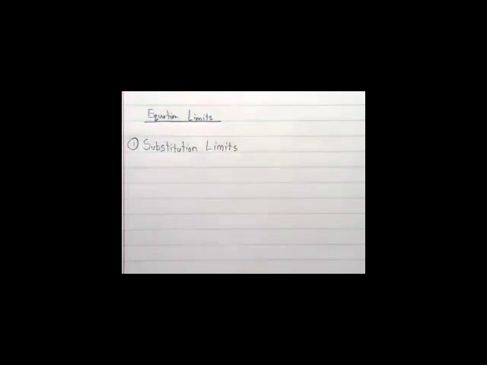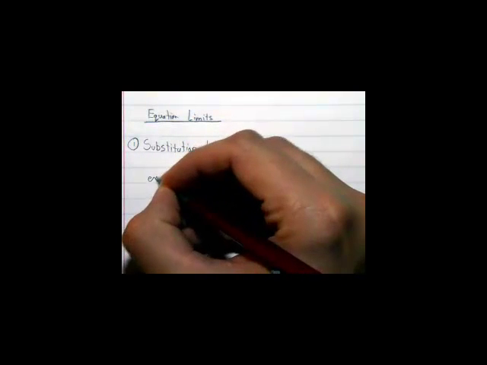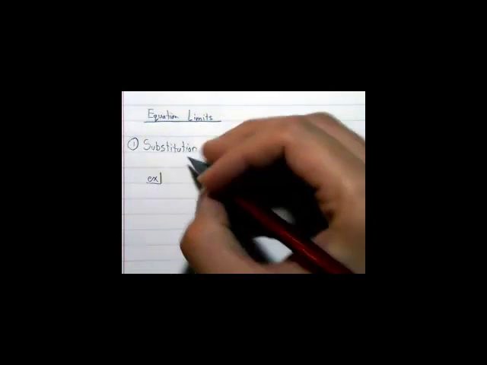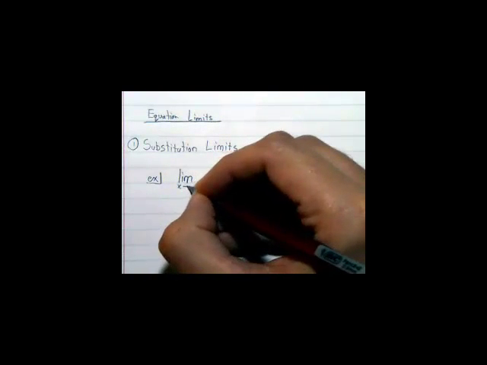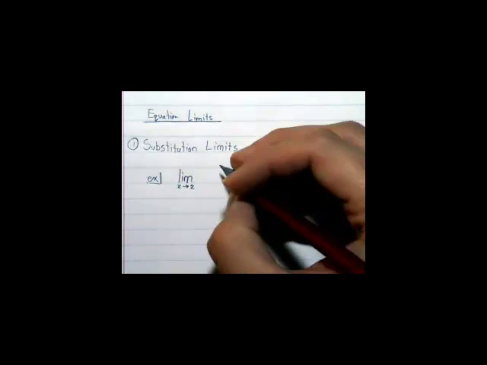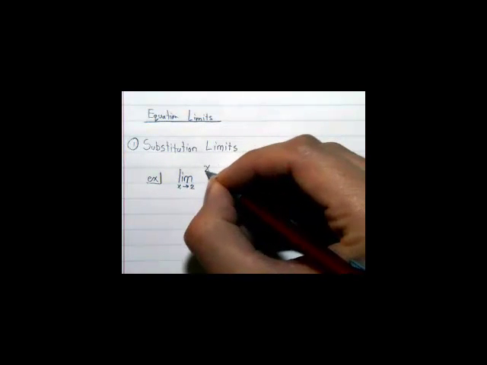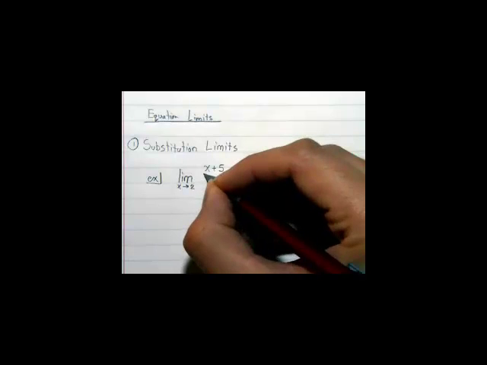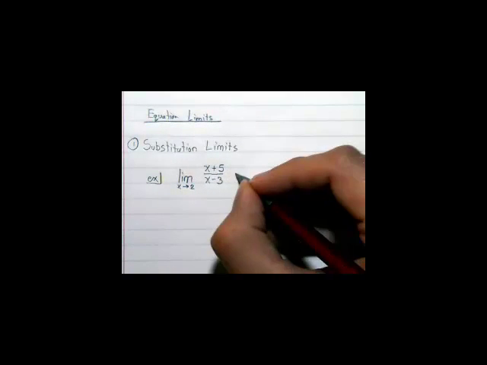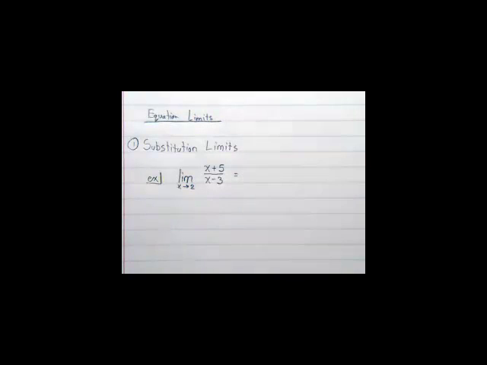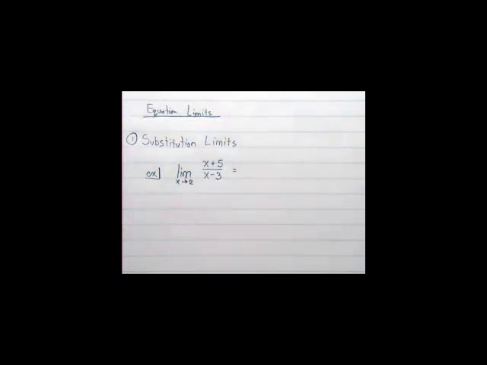Can I just plug the number in? So, an example of a substitution limit. If we had the limit as x approaches 2 of x plus 5 over x minus 3. Put in a 2 and see what happens.